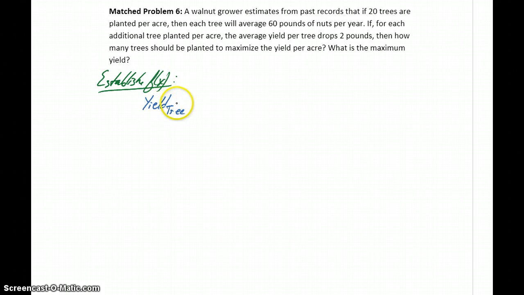So the yield per tree is going to be 60 pounds minus 2 pounds for every tree that we exceed beyond that 20 tree minimum. So x is however many additional trees. So if we have 21 trees, x is 1, meaning each individual tree produces 2 fewer pounds of nuts each year.